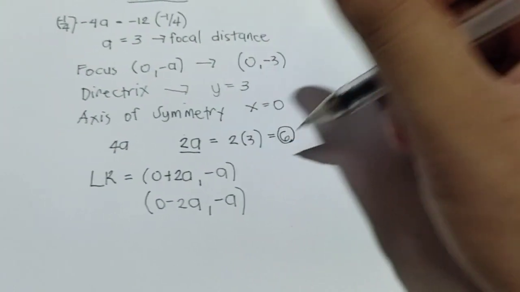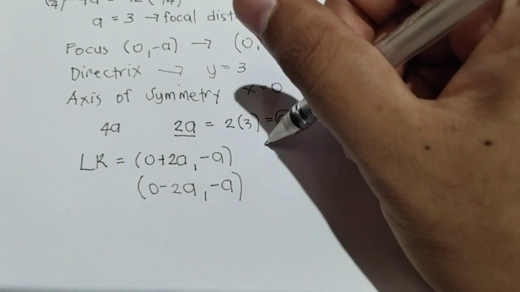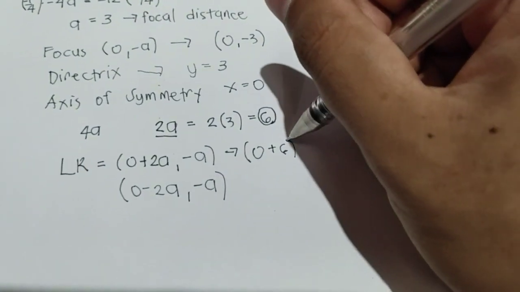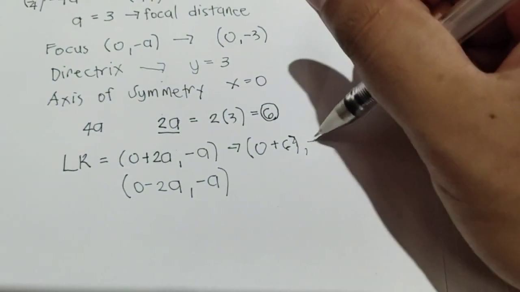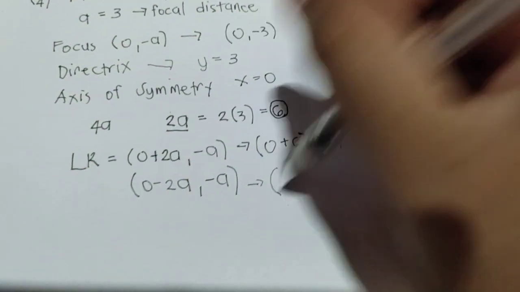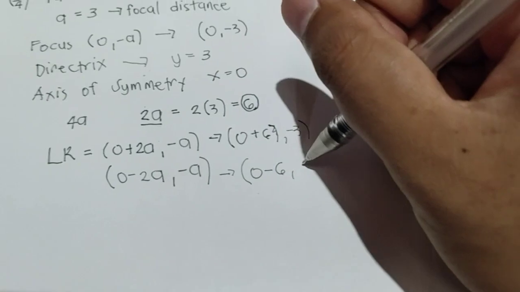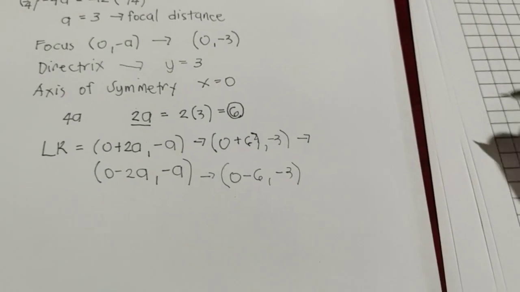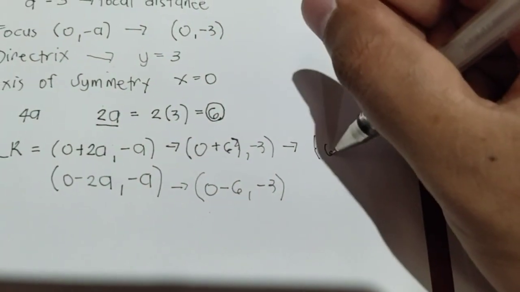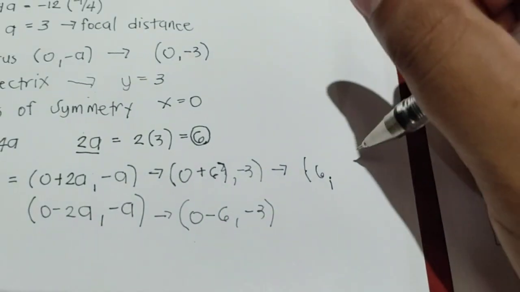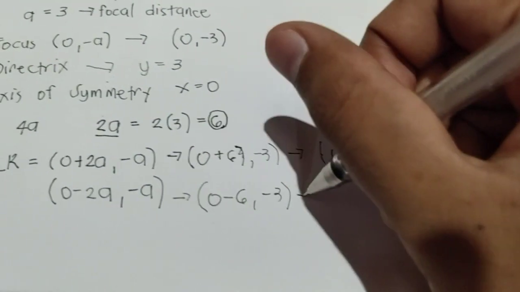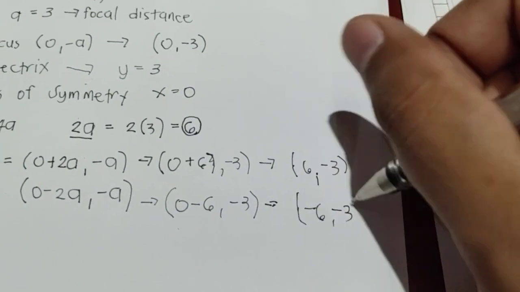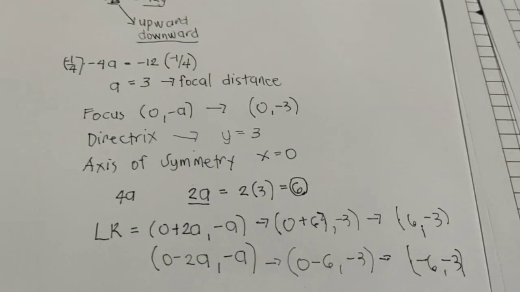So the endpoints of the latus rectum of the parabola are 0 plus 6, negative 3, then 0 minus 6, negative 3. So the endpoints are (6, negative 3) and (negative 6, negative 3).